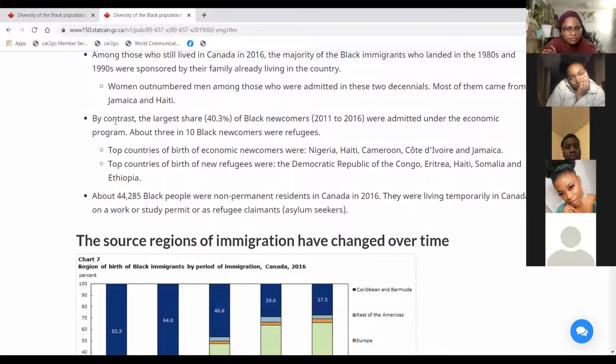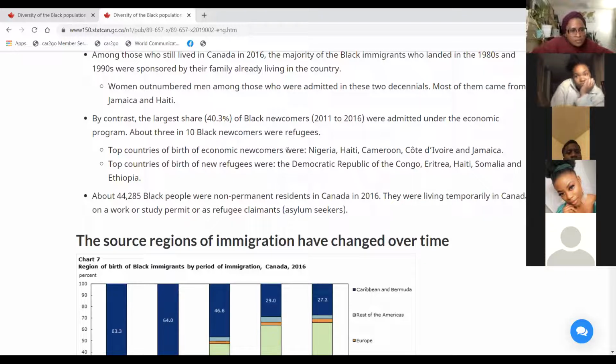Okay, so it's looking at how those groups are arriving in Canada. By contrast, the largest share, 43% of Black newcomers from 2001 to 2016, were admitted under the economic program. About 3 in 10 Black newcomers were refugees.